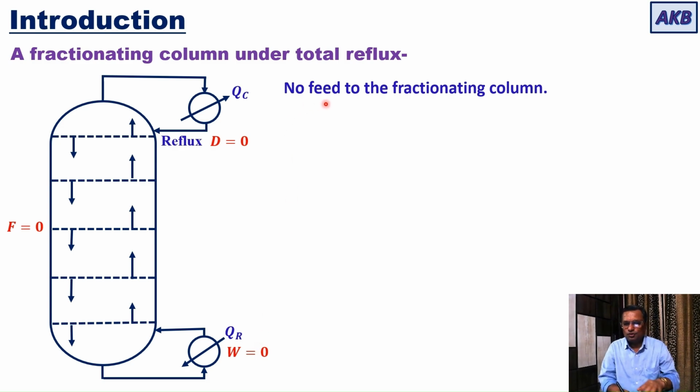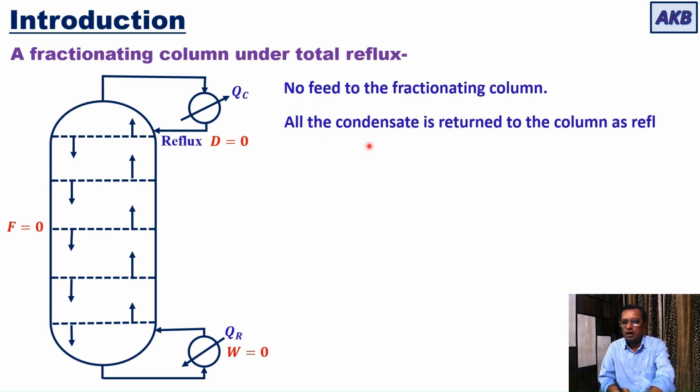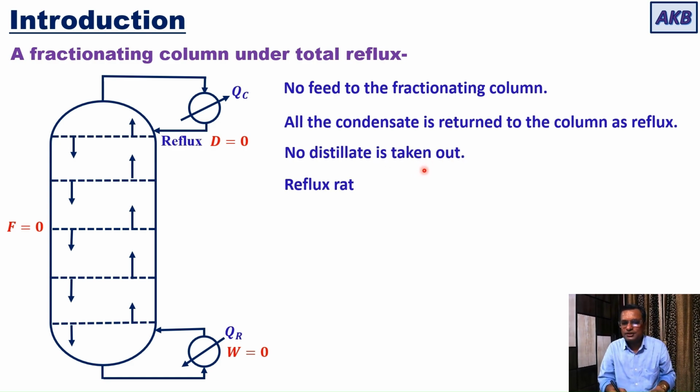So there is no feed to the fractionating column. If you have to describe a fractionating column that is operating under total reflux, then you can simply write these points. No feed to the fractionating column. All the condensate is returned to the column as reflux. No distillate is taken out.